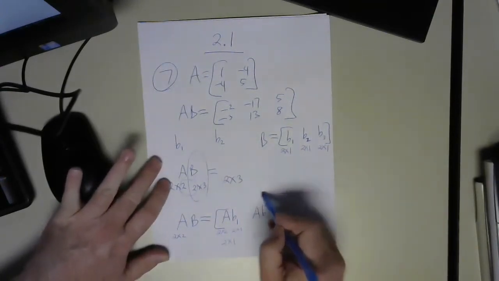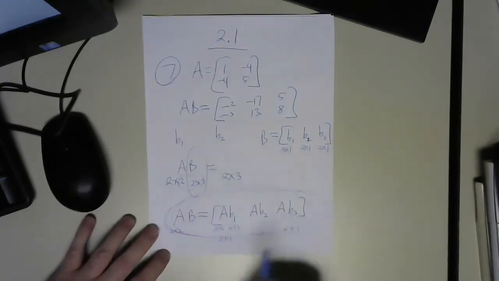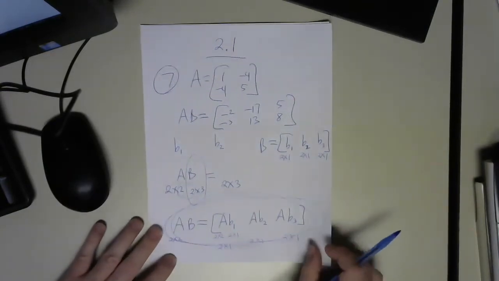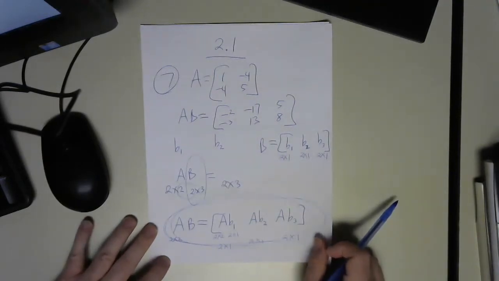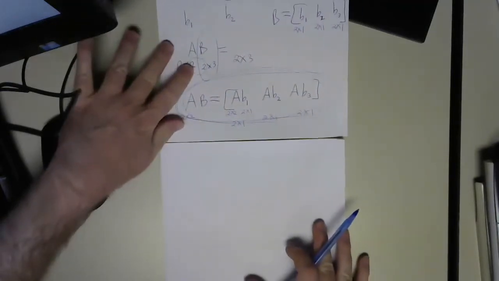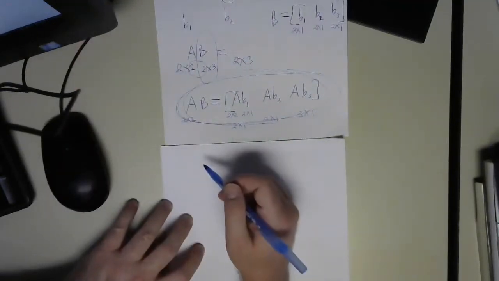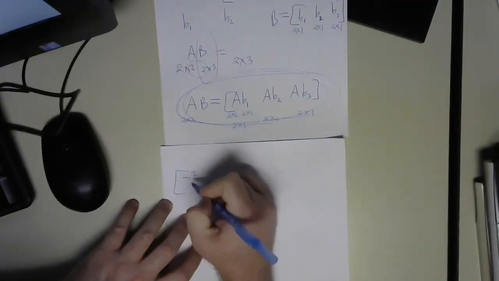But if you look at problem number 6, it basically says something like this a little bit more generally. So this is the fact I'm supposed to use. But just remember the lowercase b's are just the columns of matrix B. So let me use that fact. But remember, AB is given to us. AB is this.